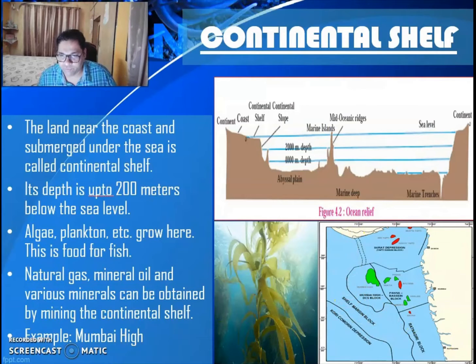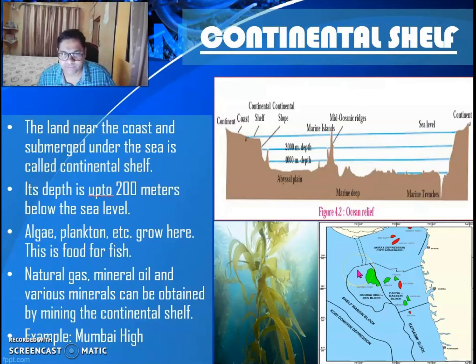You can see the map of Mumbai. Mumbai is over here, and this is the area where you find the continental shelf. This is the Mumbai High over here. It's away from the coastline of Mumbai. As I told you, continental shelf is a little bit away. So we find the Mumbai High over here.